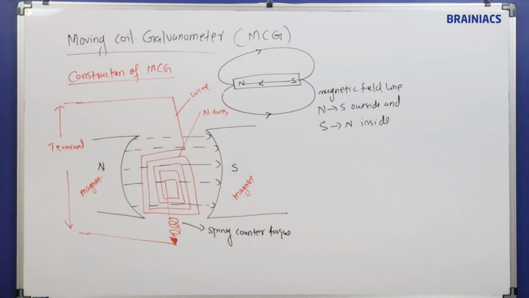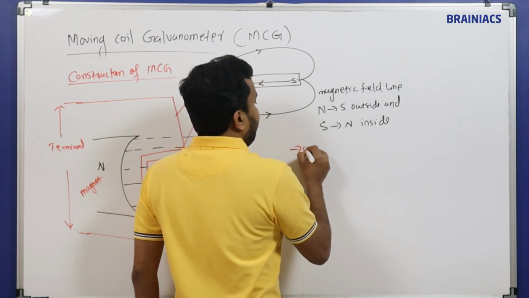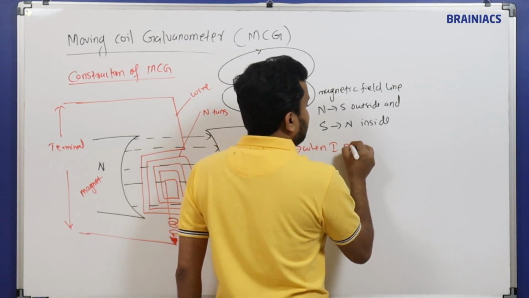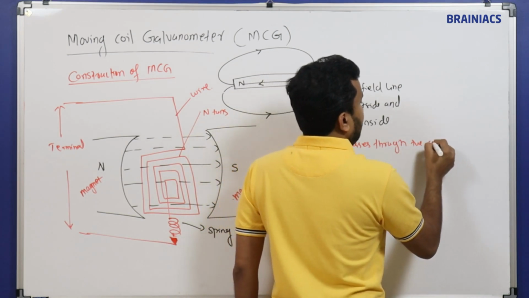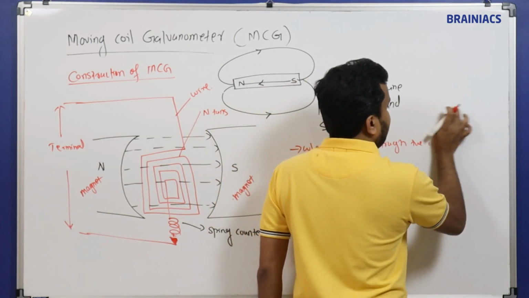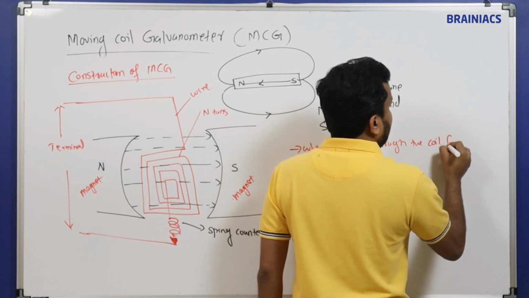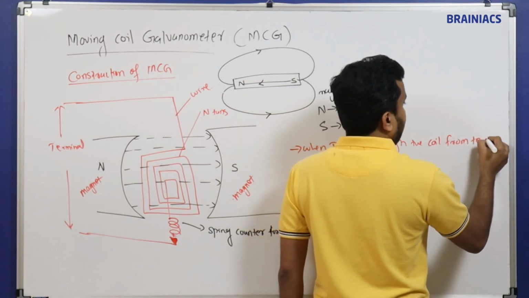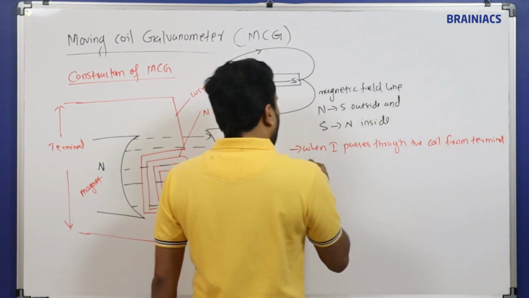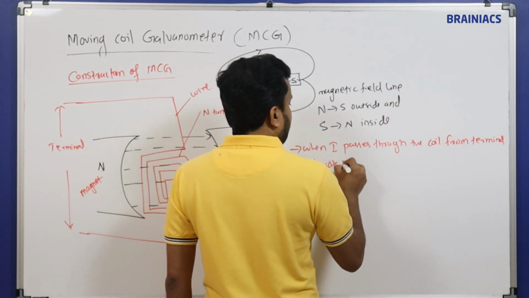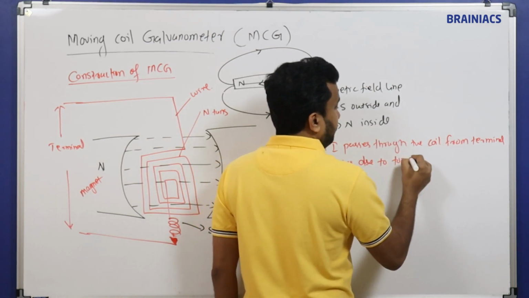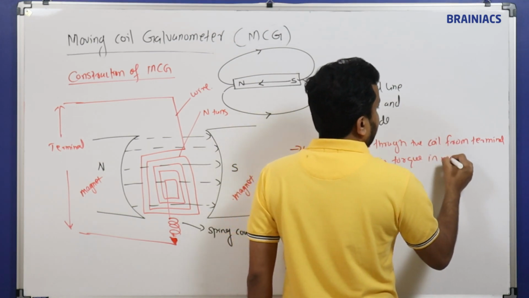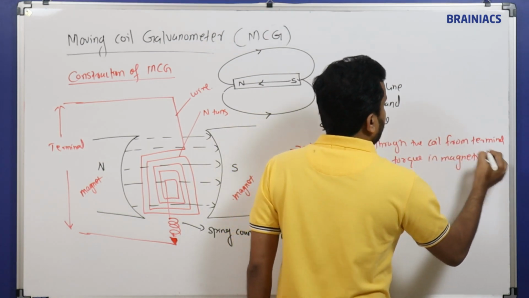Okay, so let's summarize the points whatever we have learned. The first point: when current passes through the coil from the terminal, the coil rotates due to torque in a uniform magnetic field.